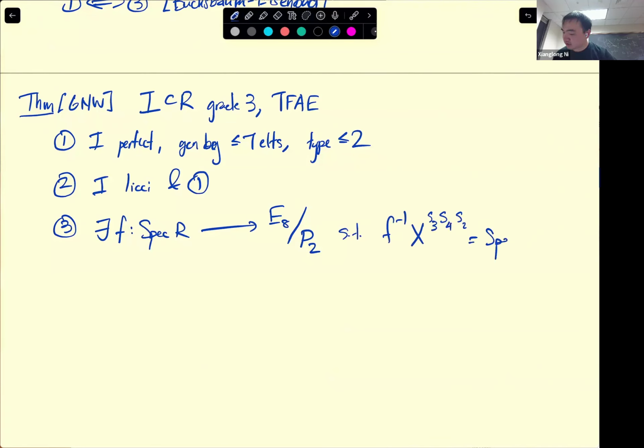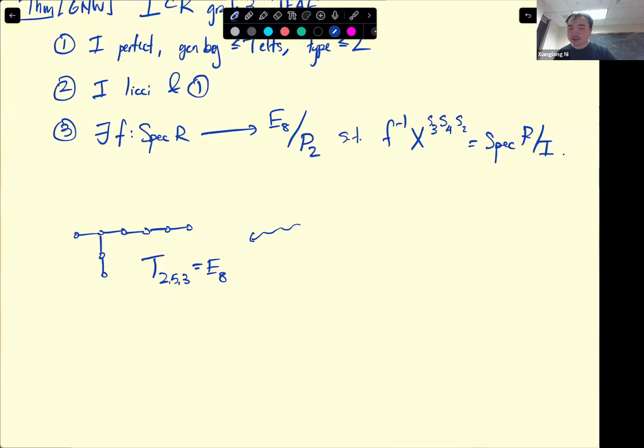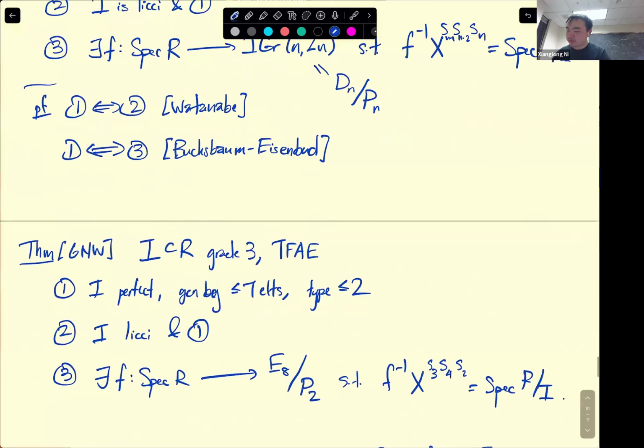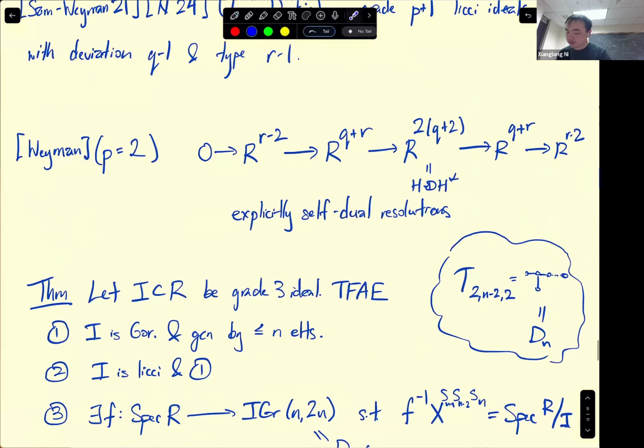And on the one hand, we know that this is related to the structure theory of resolutions of the form R2, R8, R7, R. But on the other hand, from this, we know that it should also somehow be related to the structure theory of resolutions of the form R, R8, R14, R8, R, self-dual.